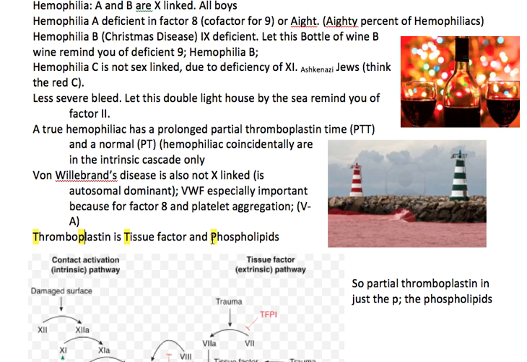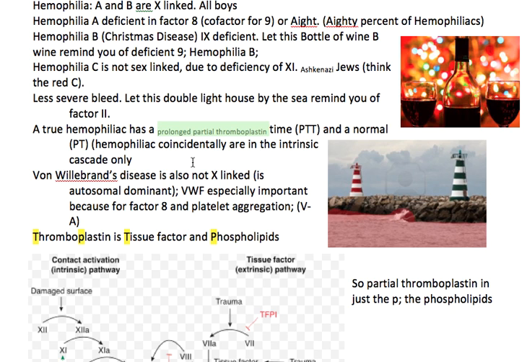So it's just phospholipids. Partial thromboplastin is based solely on phospholipids, and the prothrombin test is based on thromboplastin, right?